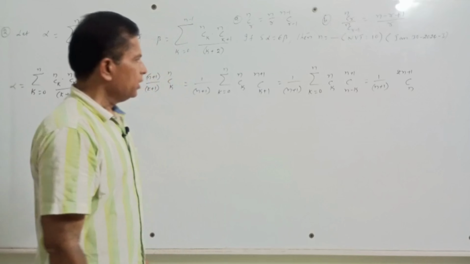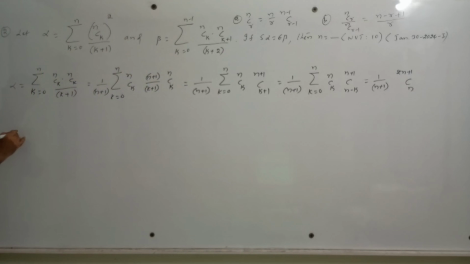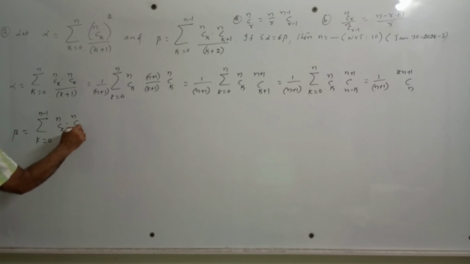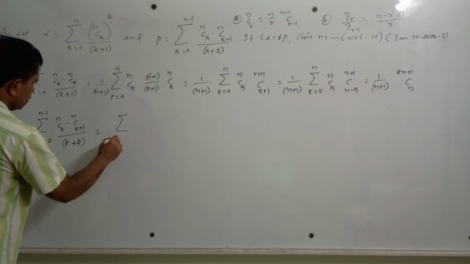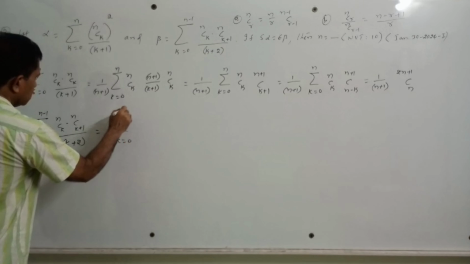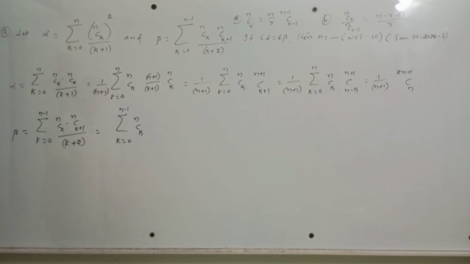So that is the value of alpha. Similarly, let us calculate the value of beta. For beta he had given sigma k equals 0 to n minus 1, nCk multiplied with nC(k plus 1), and the denominator is k plus 2. To convert this into standard form, sigma k equals 0 to n minus 1, the first binomial coefficient nCk is written the same.